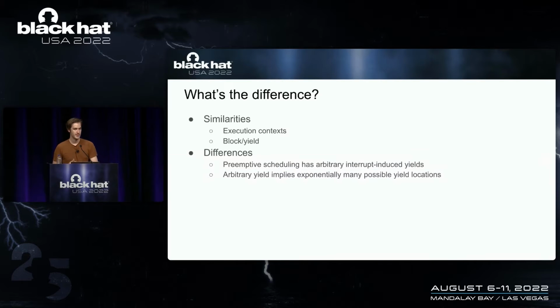And the only difference really is preemption just, again, has this additional property where at any point you have these yields that just kind of appear, caused by interrupts, or again, other conditions could lead to it. But this is a problem for fuzzing because this is hard to control, and it also can lead to exponential blowup.